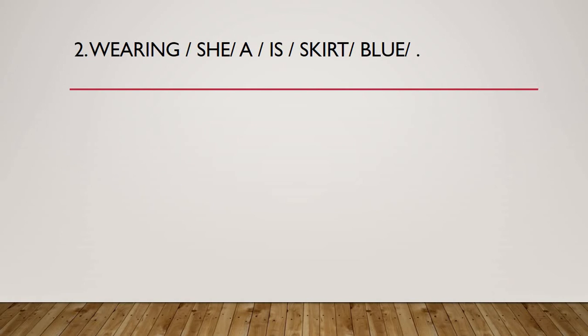Okay, second one: wearing, she, a, is, skirt, blue. I'll give you again 2 seconds to form the sentence in your mind. Okay, so I hope that you have already formed the correct sentence, and let's see.